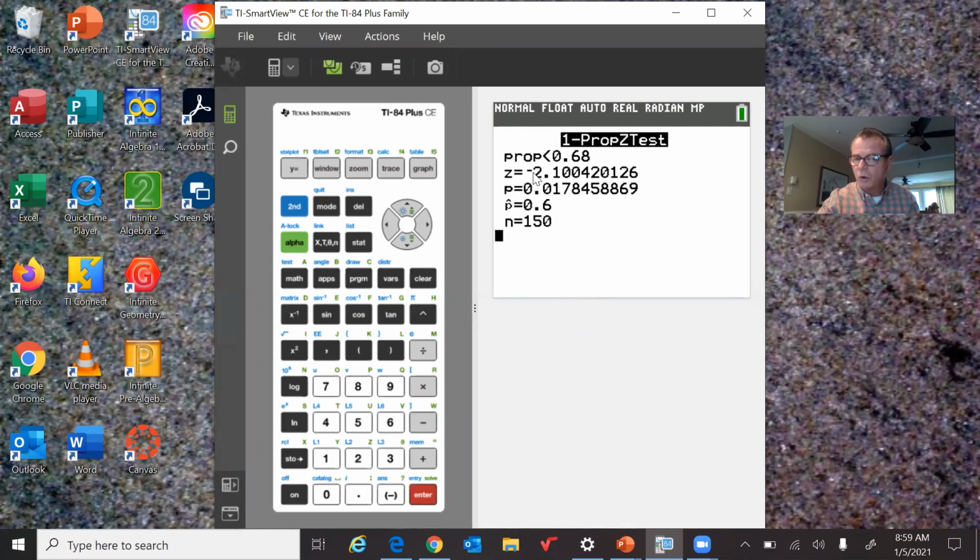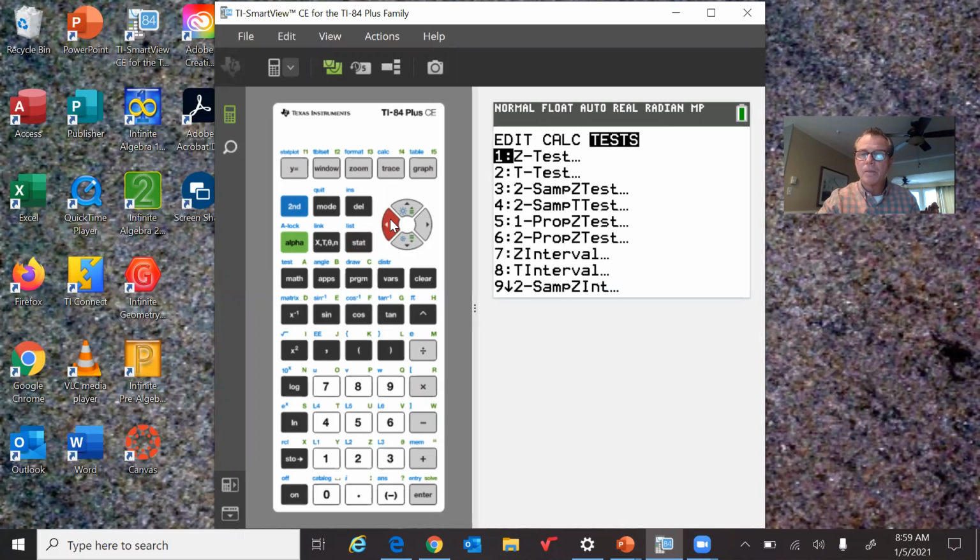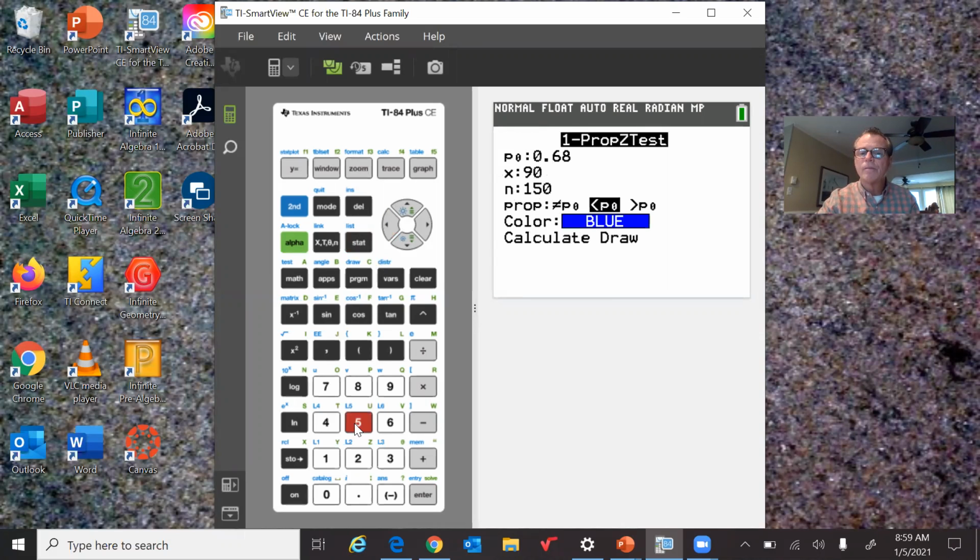Correct, but if you go the other direction, you got to be careful about this. It's the same Z-score, but what happened was you asked the calculator to do a one-tailed test there. Stat, test, 5. So we're going to go back here, and look what happens now.